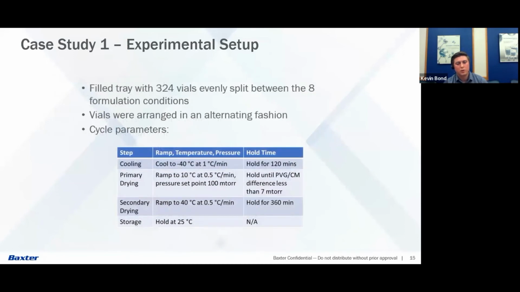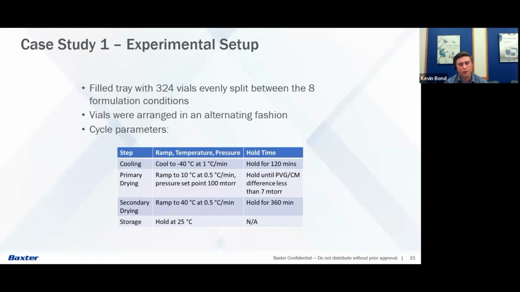So using those 8 formulation combinations from the table, a total of 324 vials were filled and evenly split among those 8 combinations from the last slide. We also arranged them in an alternating fashion, so no one condition would be all located in the front. So we didn't introduce any bias based on the location of the vials.